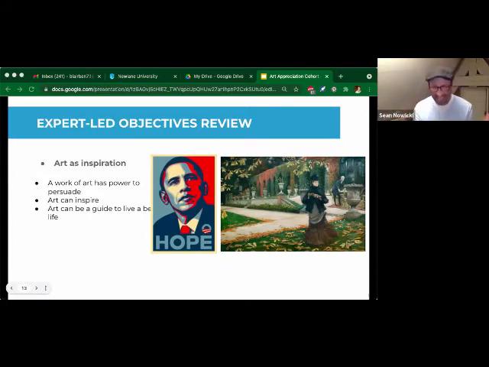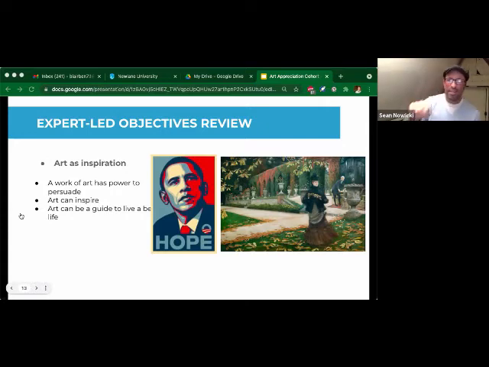But even that is kind of an interesting idea. So art has this power to move people in directions. And again, there's a fine line between persuasion and propaganda, and some people's propaganda might be other people's inspiring art.